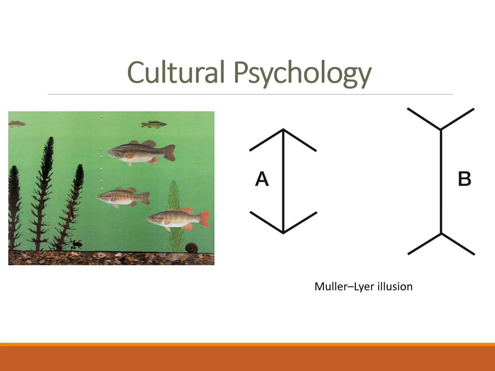It is important to recognize cultural psychology, and what I mean by this is that given effects have been found to not necessarily be the same when we look across cultures. The first example is just looking at fish. If we show this to people in the United States or various Western countries, usually the first response is going to be, I see 3 large fishes. In other words, our focus is on the fish.